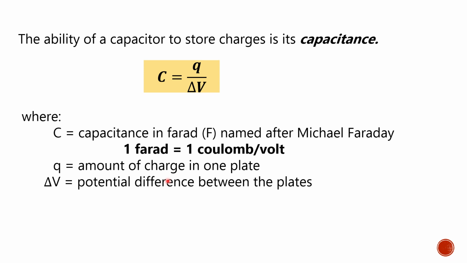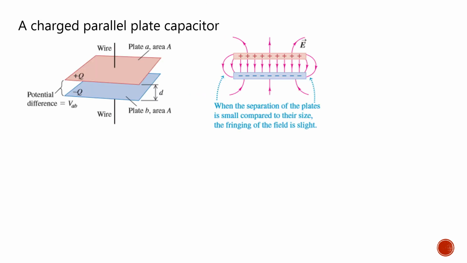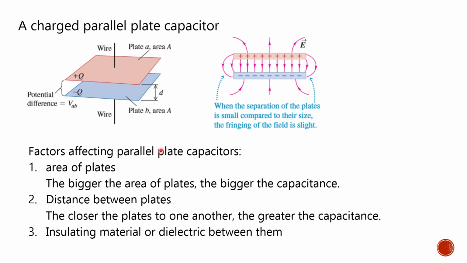The most common type of capacitor is the parallel plate capacitor. This is how it looks. There are two flat plates separated by a small gap, and three factors affect the value of the capacitance.